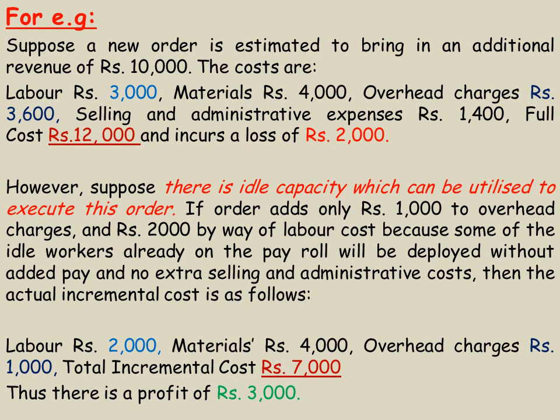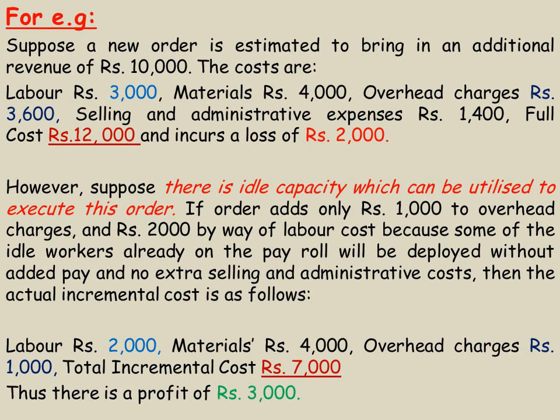So what will the new expenses be? Suppose the new order adds only 1,000 rupees to overhead charges and 2,000 by way of labor cost, because some idle workers are already on the payroll. As I said earlier, some workers are already in the pay scale, and if they have to work additionally, the company can pay, but not that much.